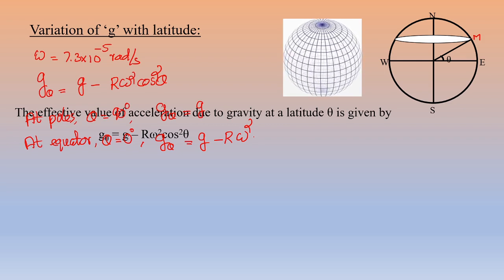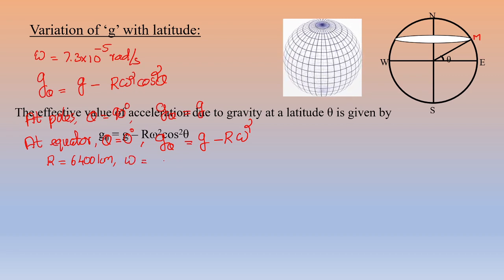Okay. So when we calculate this value, you can take the value of capital R as 6,400 kilometer, and omega, which we have already done, is 7.3 into 10⁻⁵ radian per second.